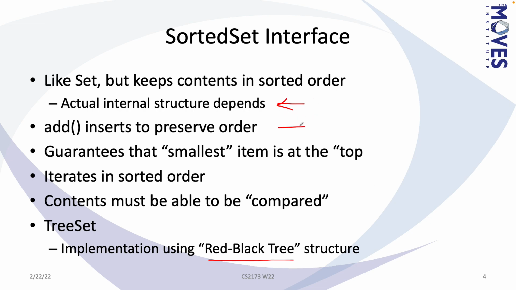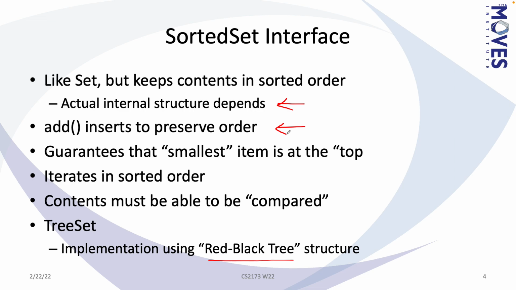So when we add to a sorted set, underneath it goes to a particular place, but from the user's perspective, all you need to know is that when I add an item, is it now the smallest item or is it not?